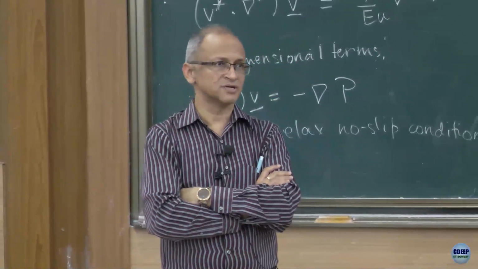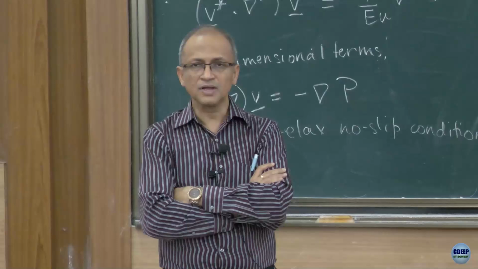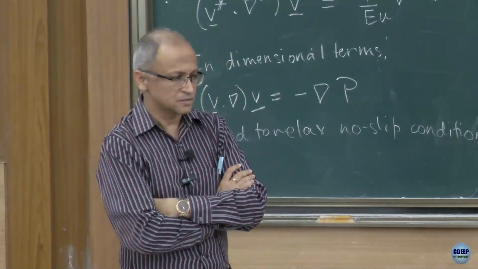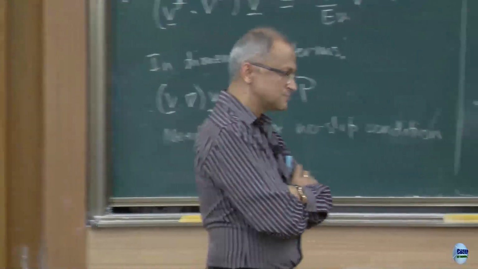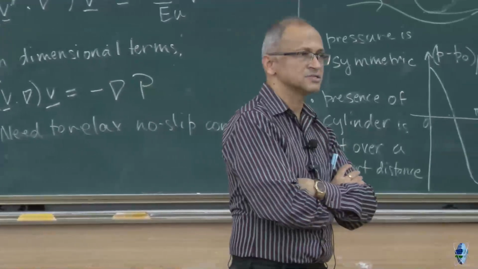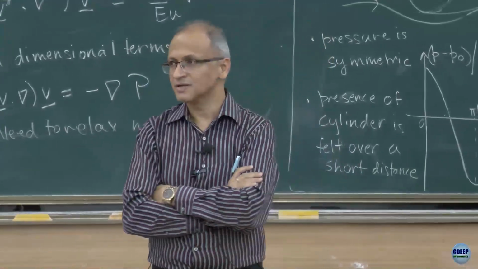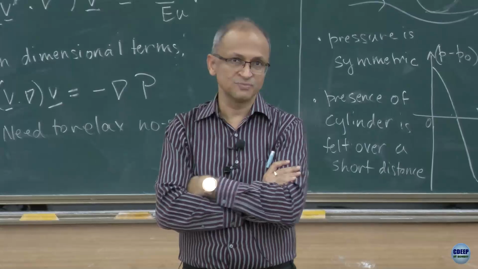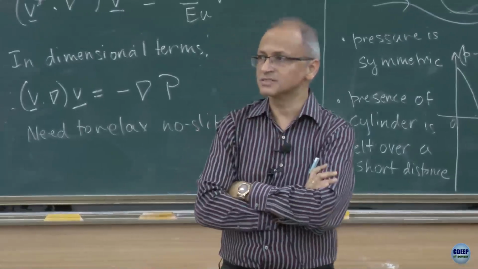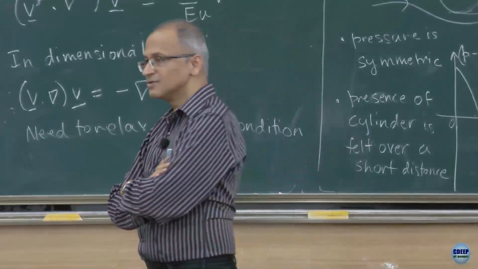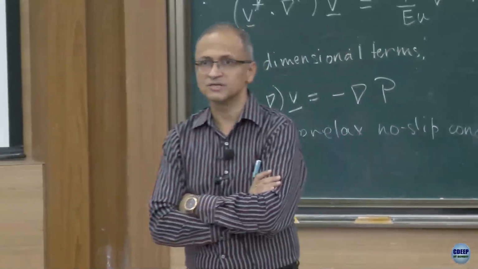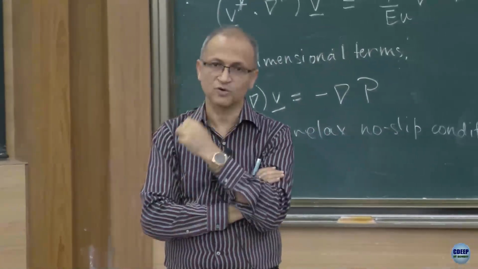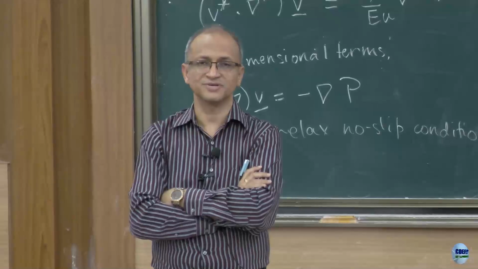Now the other extreme that we saw is when the Reynolds number becomes very large and the viscous terms are effectively not important. It's not that they will never be important; they will become important in a certain region, which is the boundary layer. Okay, and that's what we are going to see now in more detail. We'll do an analysis of the boundary layer.